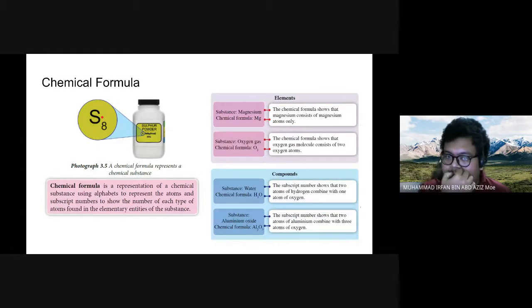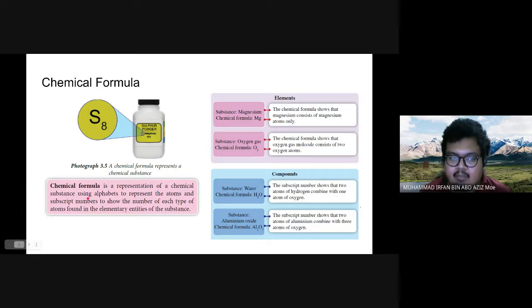So kalau chemical formula ni is representation of chemical substance using alphabets. So huruf, kita guna huruf dekat sini. And apa lagi? Subscript numbers ni. Number ni kena kecil kat bawah, kita tak boleh tulis besar. Sebelah dia, tu memberi maksud yang berlainan pula. Nanti kita akan tengok macam mana, what happen if 8 ni pula besar. Sekarang ni kita belajar 8 yang kecil saja.